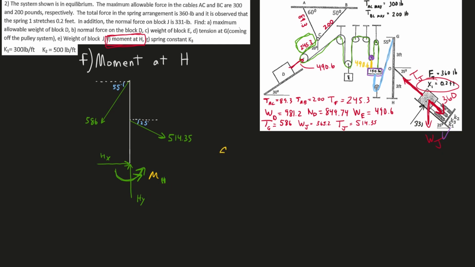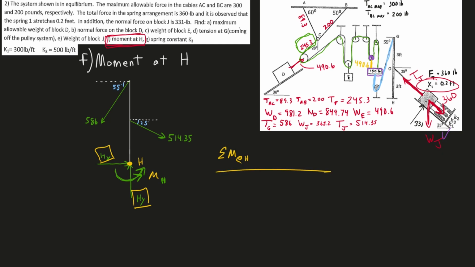And to figure this out, we'll want to sum up all of the moments about point H here. And why are we summing the moments about point H? Well, these two forces are unknown, and that's not good. If we sum up all of our moments about this point H right here, these two force components will create a zero moment about this point because they're going right through that point H. And therefore they will not appear in this equation that we're about to write.